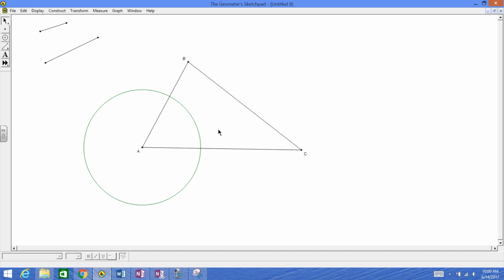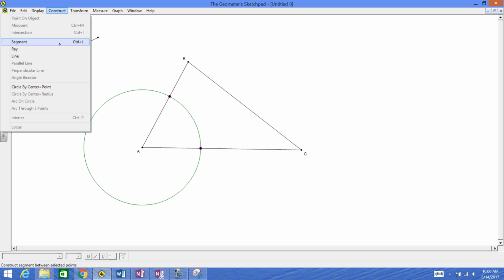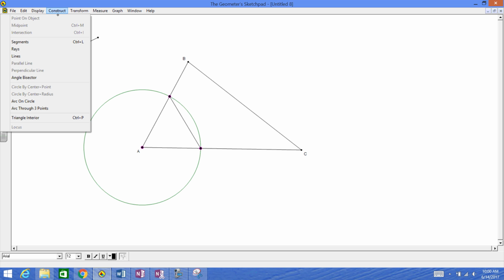Now, what I try to teach my students is right here. You don't have to draw this line, but I like to show this to my students so they get what they're doing. What they just did was make an isosceles triangle right here. That technically is an isosceles triangle.